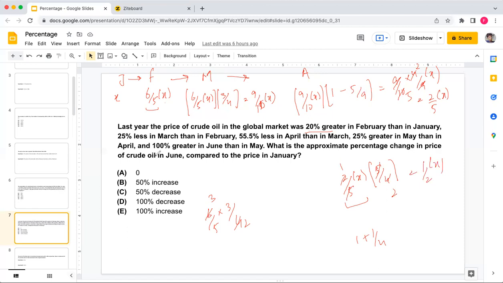And last, there is a 100% increase in the value with respect to May. So in June, this value becomes double. So 2 into 1 by 2 of x is equal to x. So in the first month we have x, in the last month we have x. So there is no percentage change in value. That's why the answer is A.